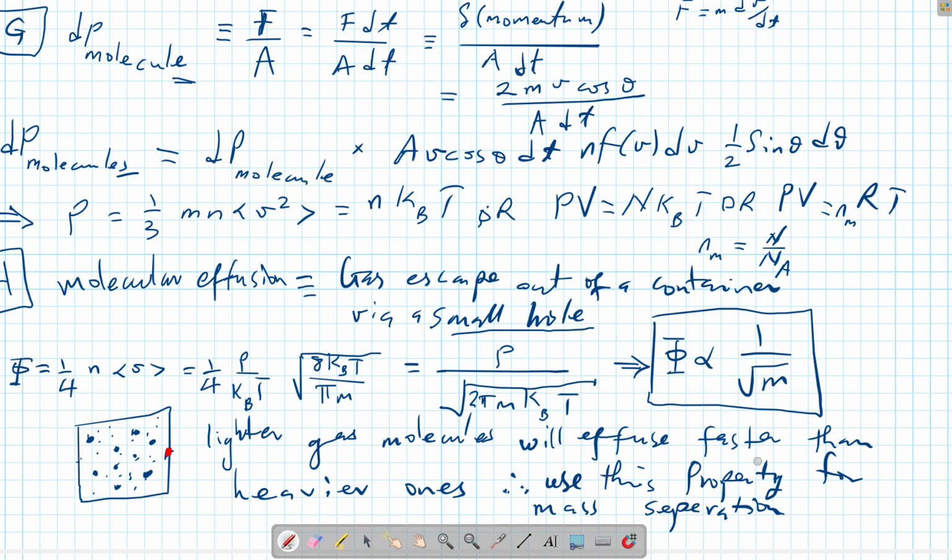So this is important for scenarios where mass separation is difficult or not possible to be done chemically. Let's have two examples.